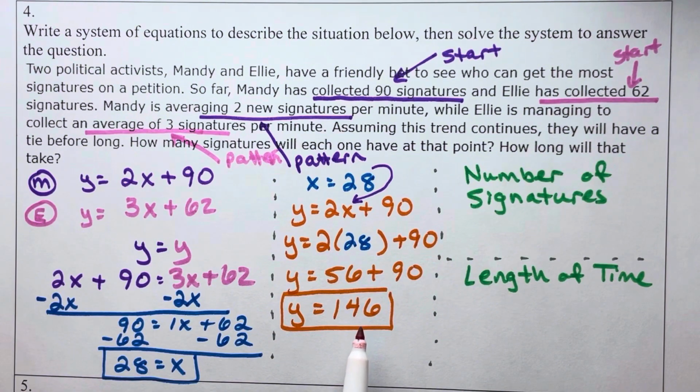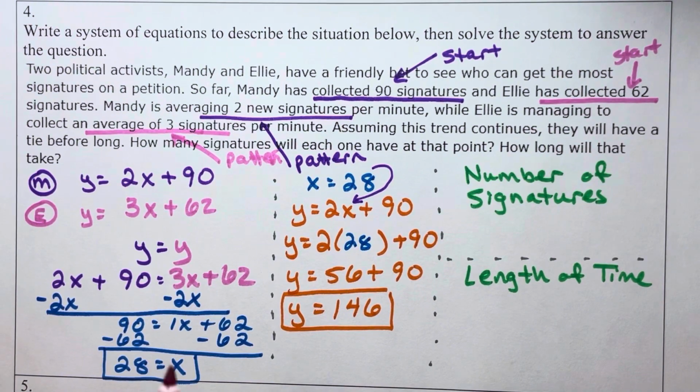Or does it make sense to say, oh, well, there was 146 signatures and it took me only 28 minutes to go get them? This little set of numbers might be a little bit confusing to you. I think the knee-jerk response would be to say, oh, well, it couldn't be 146 signatures, but truth be told, it is. How do you know?